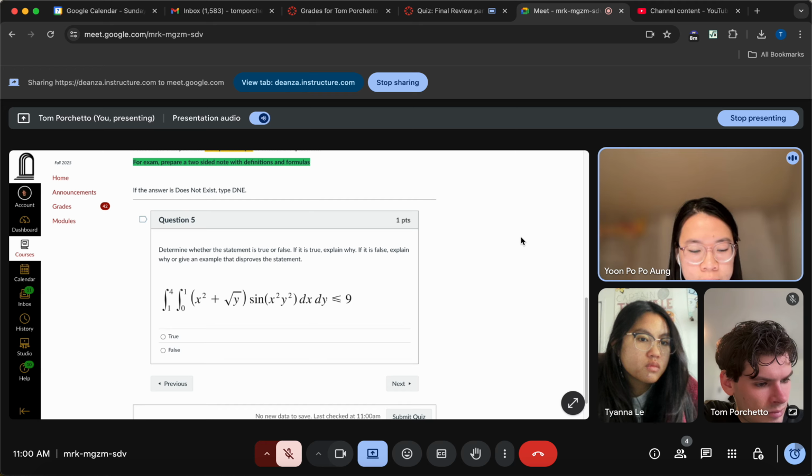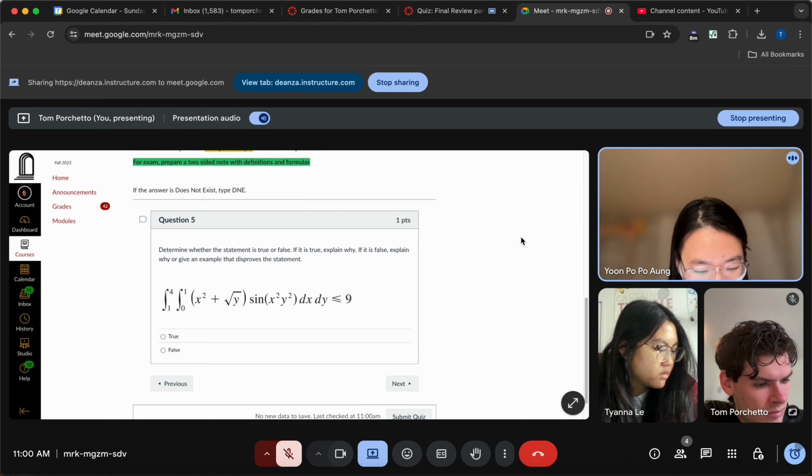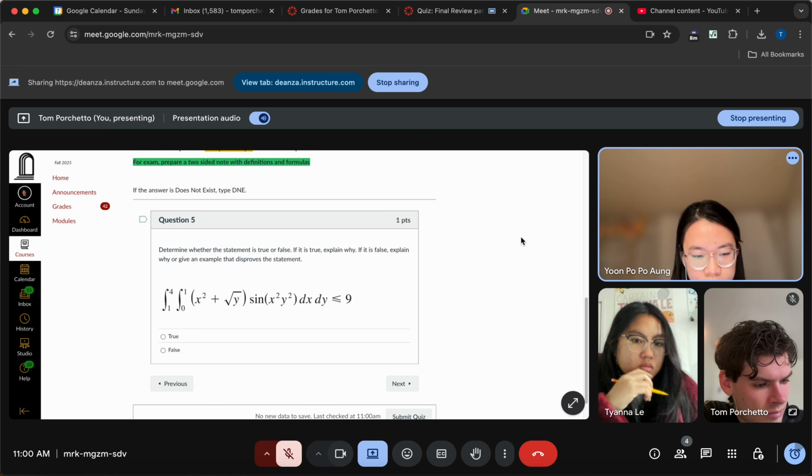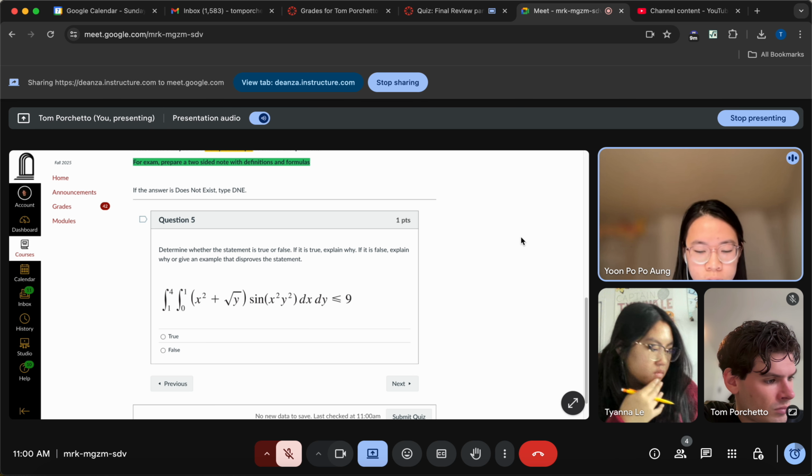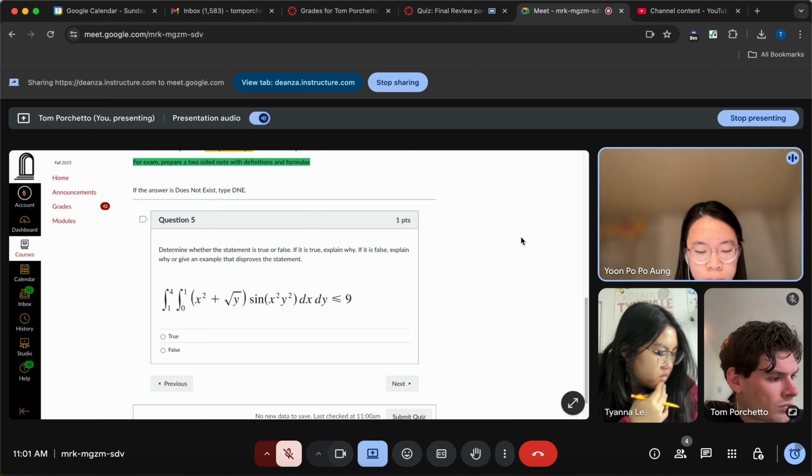First, I try to find the bound for the sine of x squared y squared. For that one, the bound will be one, so it's less than or equal to one.